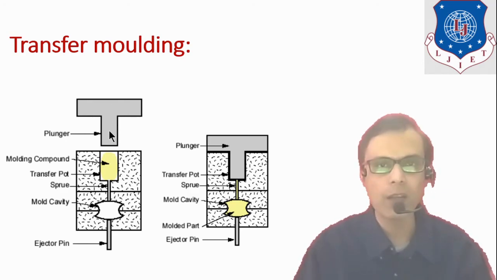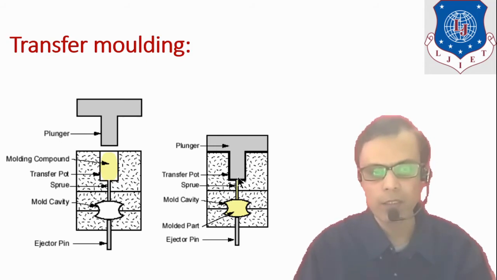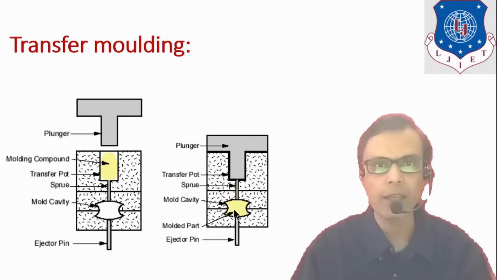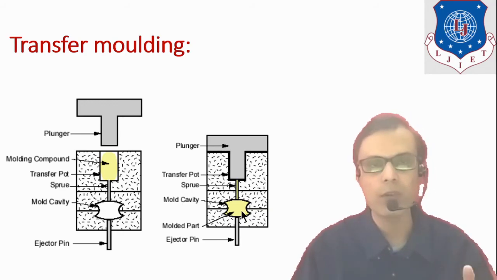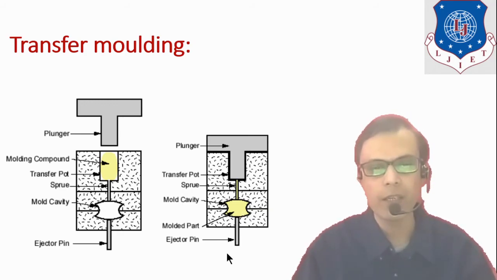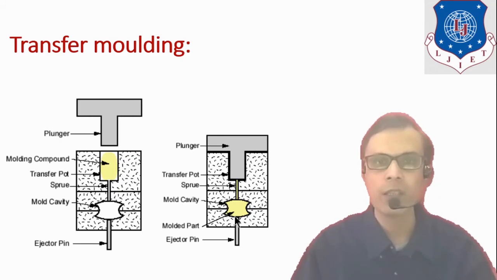So now this plunger comes down, it will press this molten plastic raw material, and that raw material is now passed through this sprue to this die cavity, and this die cavity is now fully filled with the raw material. So after solidification, it can be ejected with the help of this ejector pin.